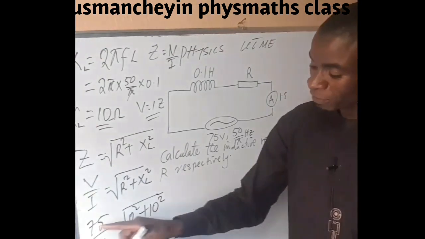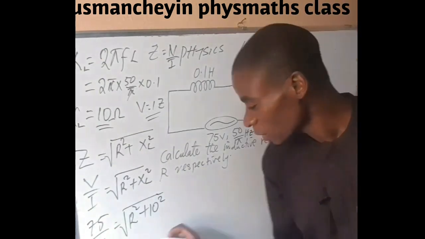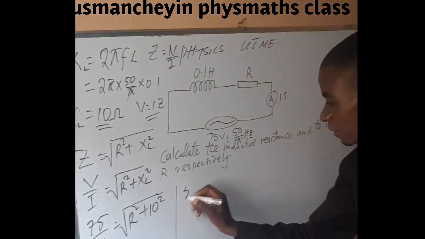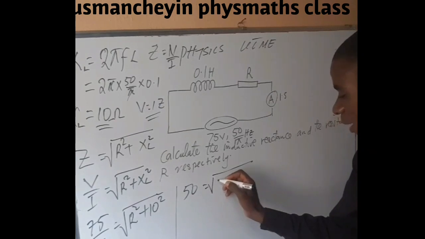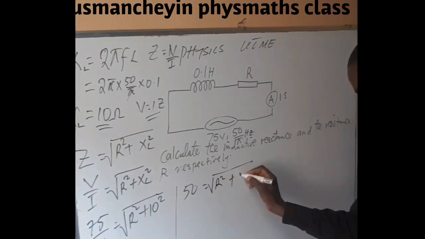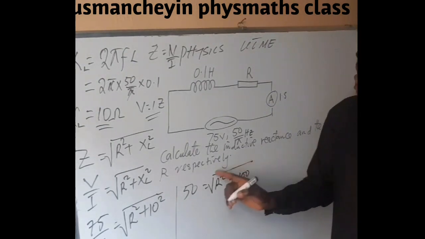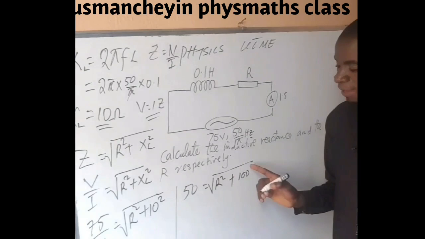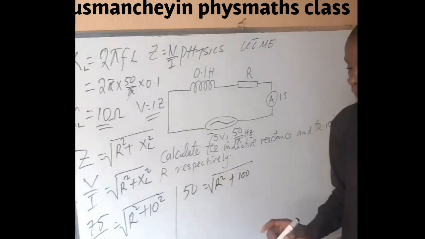So 75 divided by 1.5, we are going to obtain what? 50. So we have 50 equal to the square root of R square plus 10 square, which is 100. So we are going to remove the square root. And if you want to remove the square root here, you have to square both sides.